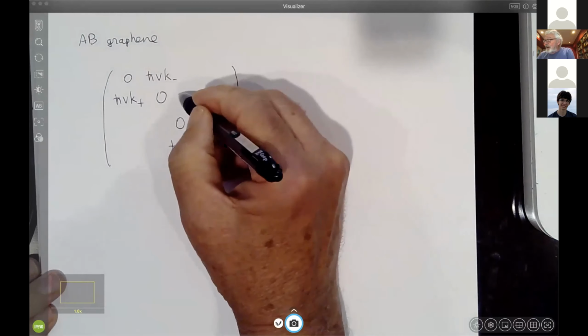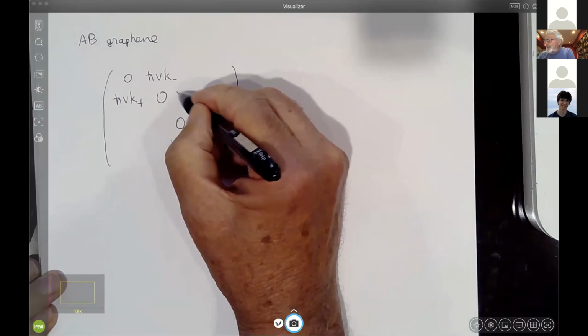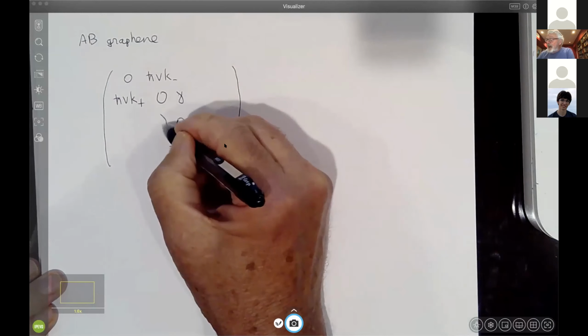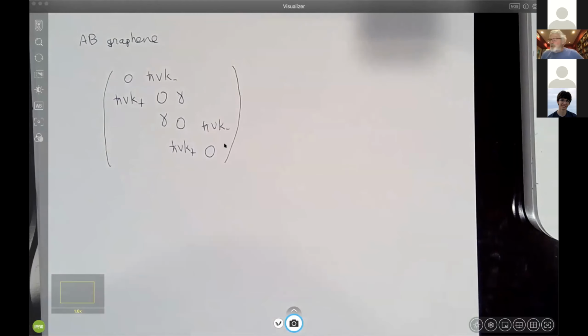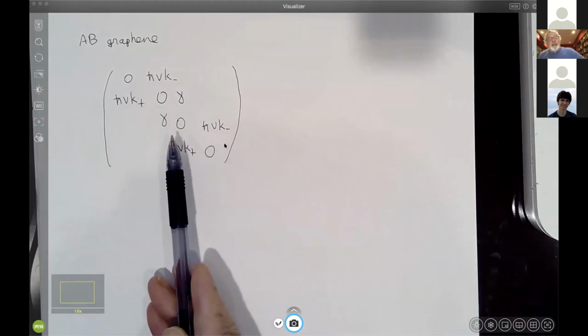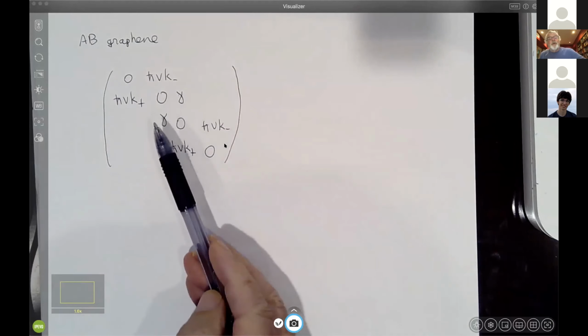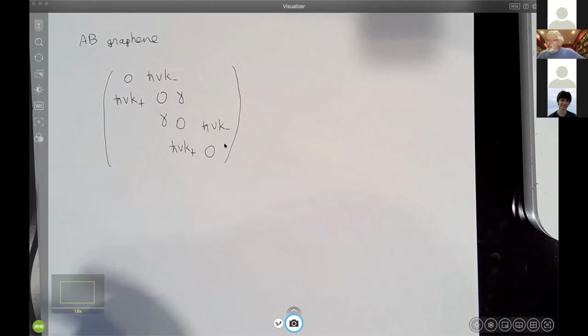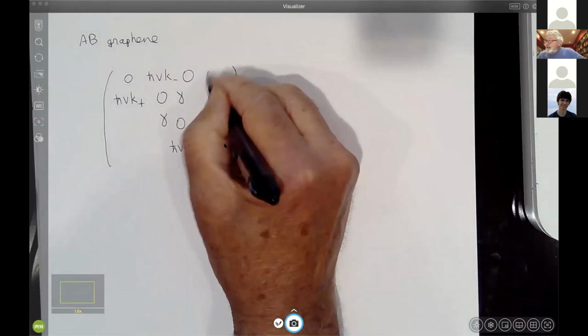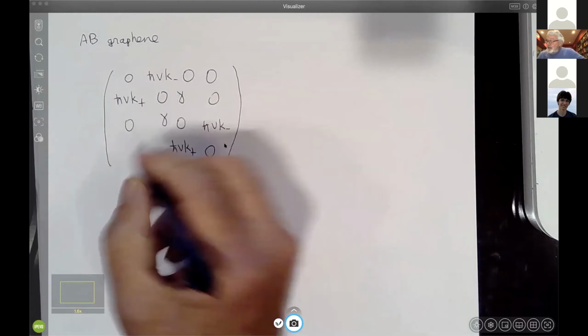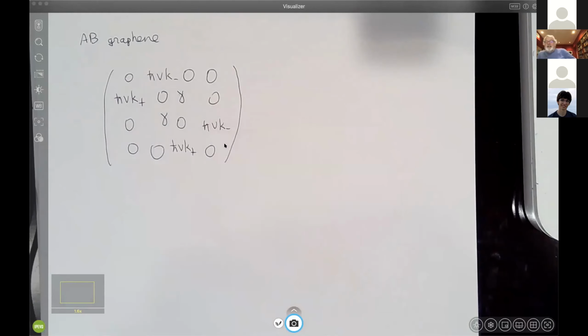And when you have AB stacking, by far the most important coupling between the layers is simply tunneling between the two sites that are right above each other in the two layers. The other tunneling between different sublattices actually vanishes by symmetry at these points.